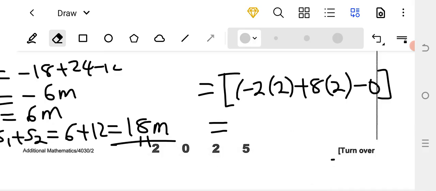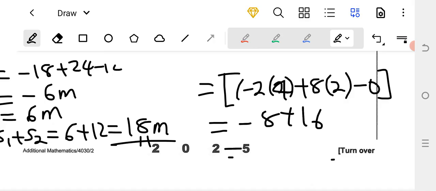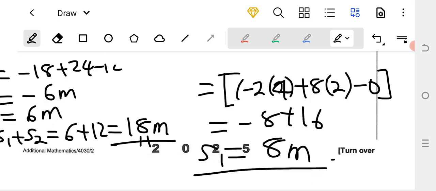Okay, I hope you are following. I just plugged in the wrong value. So it's supposed to be negative 2 times positive 4, negative 8 plus 16, which is equal to a positive 8 meters as your S1.